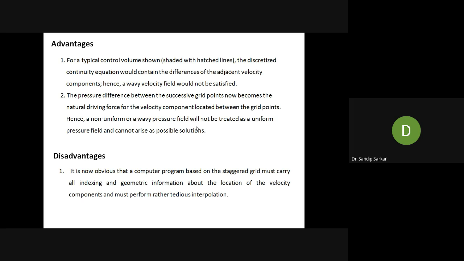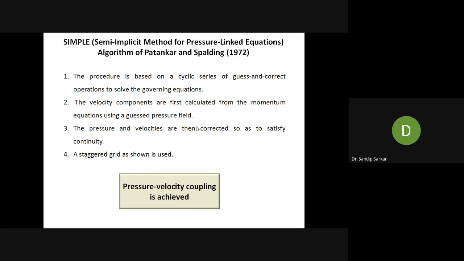Okay, so now let us come to the fundamental building block of the CFD technique with the staggered grid. It was introduced by Professor Patankar and Spalding in 1972. This method is called the SIMPLE method. The full form is Semi-Implicit Method for Pressure Linked Equations. Please remember this.